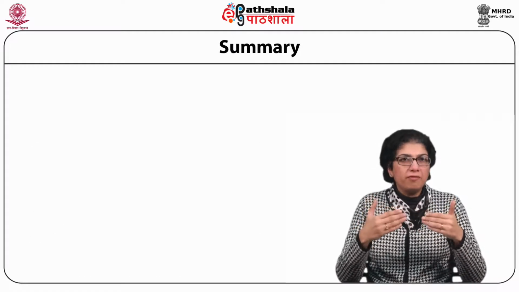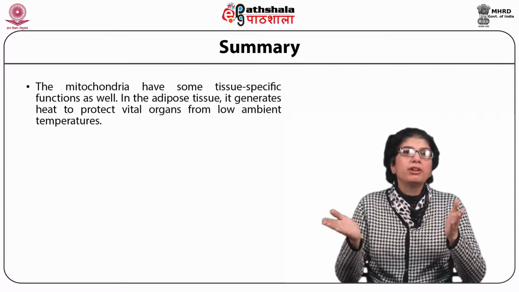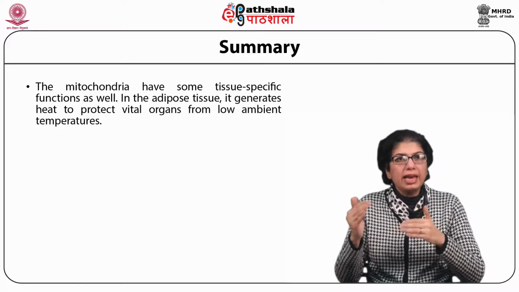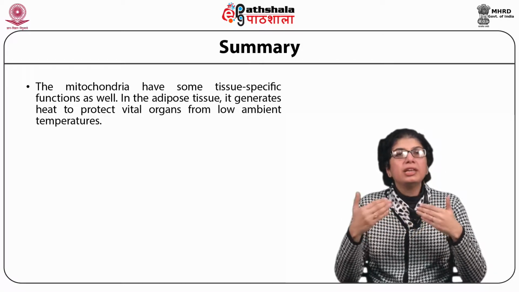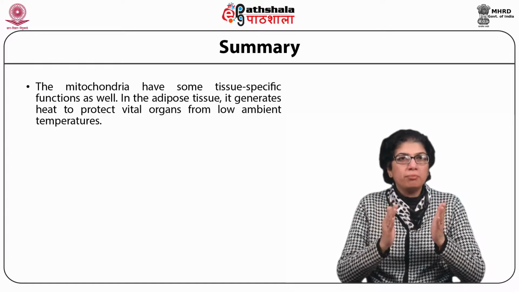Apart from this main function carried out by all cells, the mitochondria also has some tissue-specific functions. In the adipose tissue, it generates heat to protect vital organs from low ambient temperature.